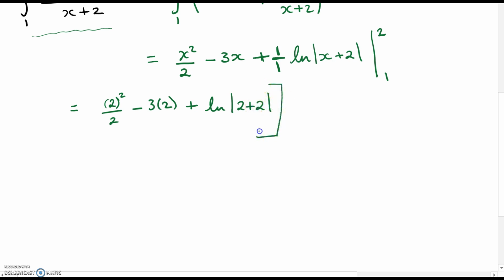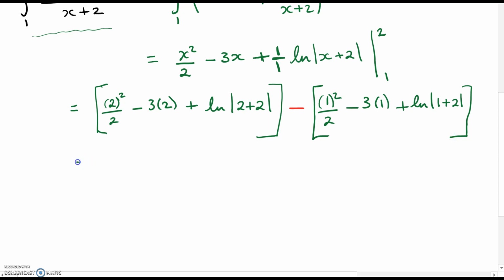Okay, so that's the first part of it. And now we're going to subtract what happens when we put in the bottom limit. So that'll be 1 squared over 2 minus 3 times 1 plus the log of 1 plus 2.